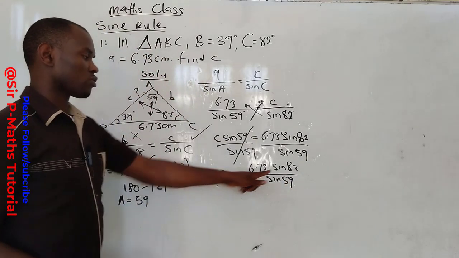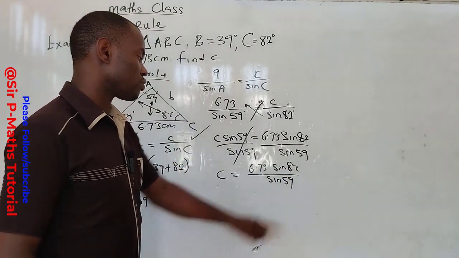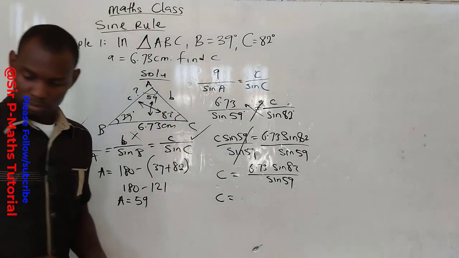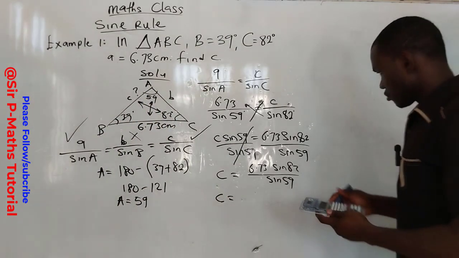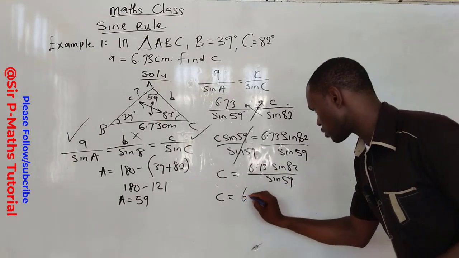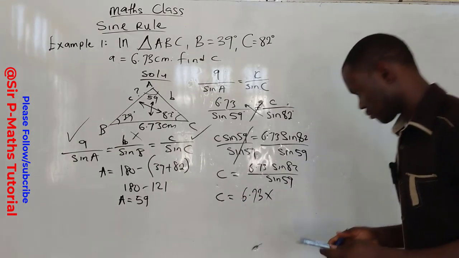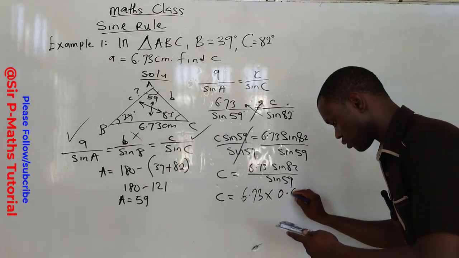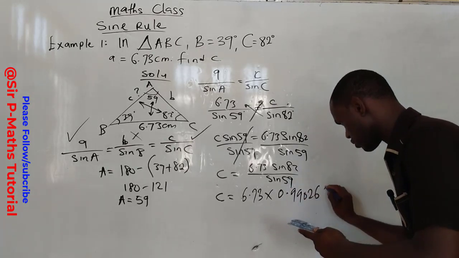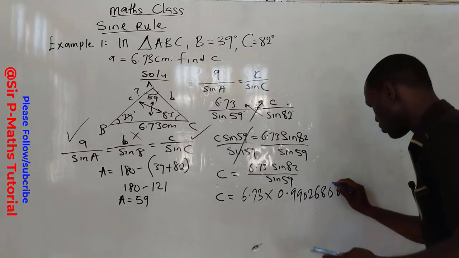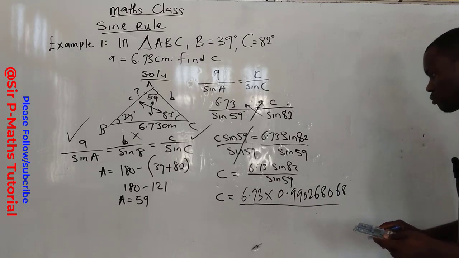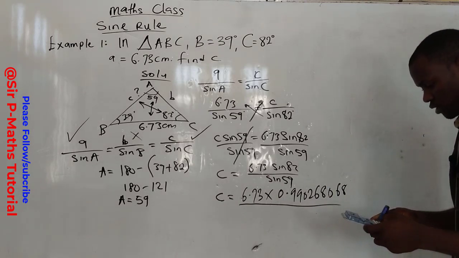Then you punch into your calculator the value of sine 82 and the value of sine 59. So I'll have 6.73 times sine 82, which is 0.9902688068. Please don't approximate at this point. Write down every number and then approximate at your final answer.